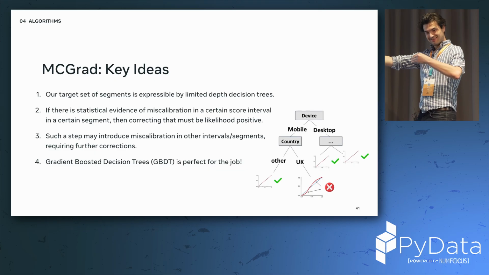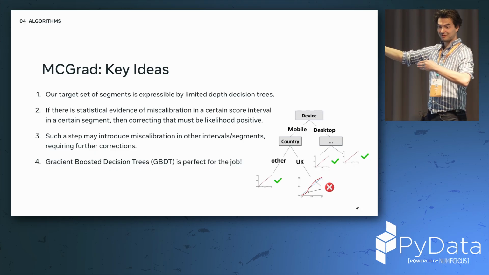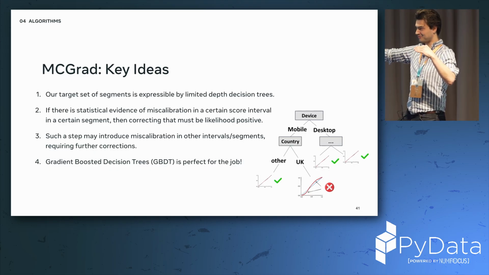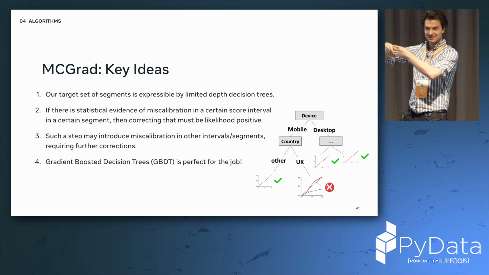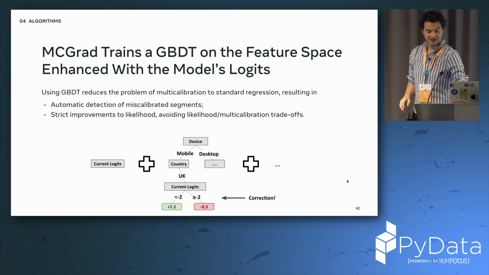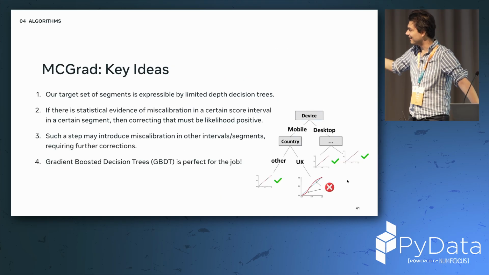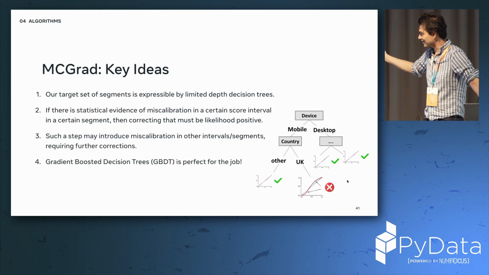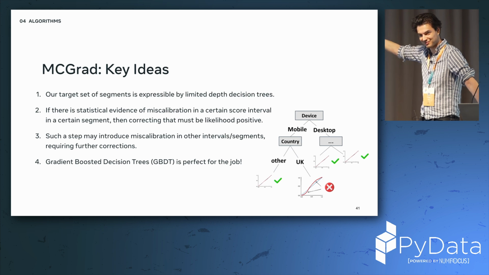After one step of additive corrections, they find another set of groups where your predictions may have gotten worse because of the first ones, and you refine and refine.